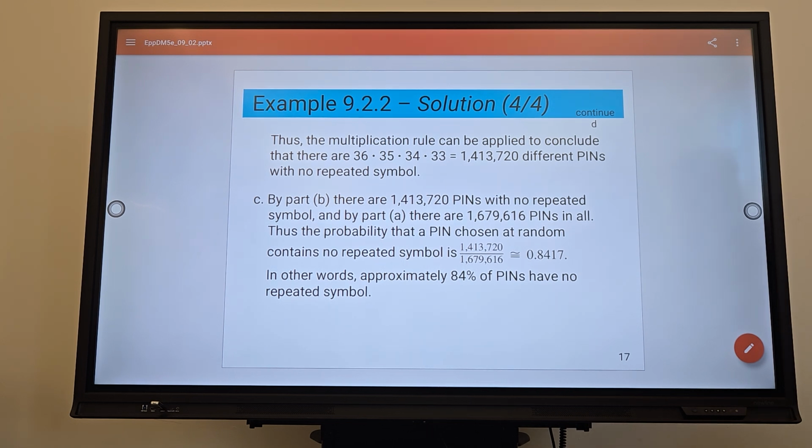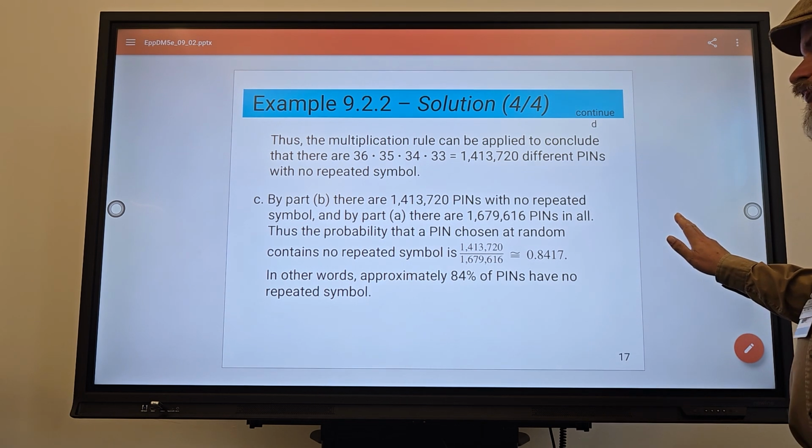Thus, the probability that a pin chosen at random contains no repeated symbol is 1.4 million over 1.6 million, or 0.8417, or approximately 84% of pins have no repeated symbol.